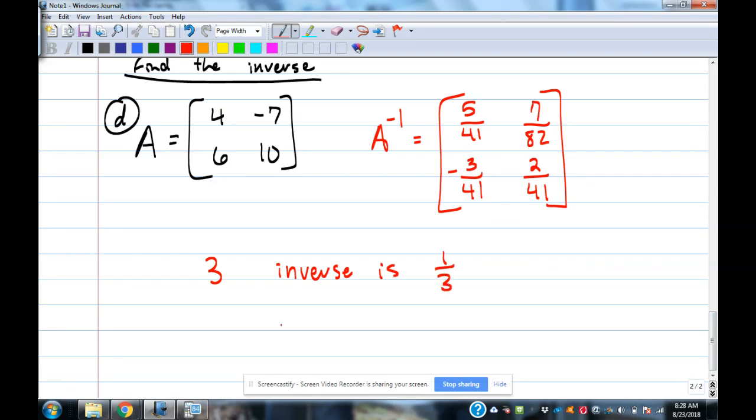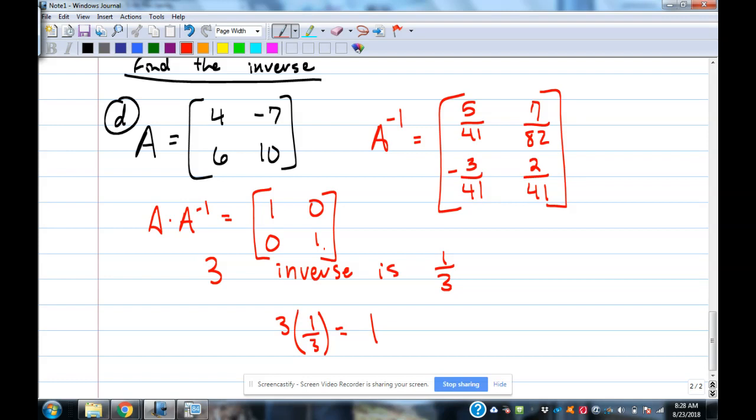What happens if I multiply 3 times 1/3? I get 1. Here, if I multiply A times A inverse, I get the matrix equivalent of the number 1, which is 1, 0, 0, 1, because they're 2 by 2. If they're 3 by 3s, it's 1, 0, 0, 0, 1, 0, 0, 0, 1. That's the matrix equivalent of the number 1.